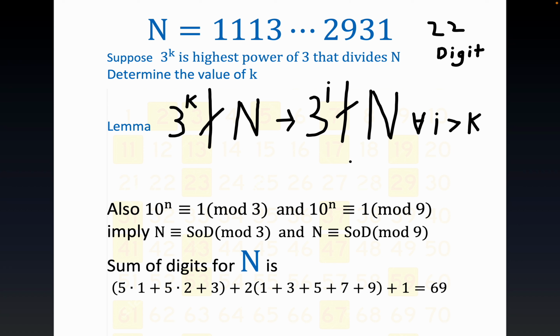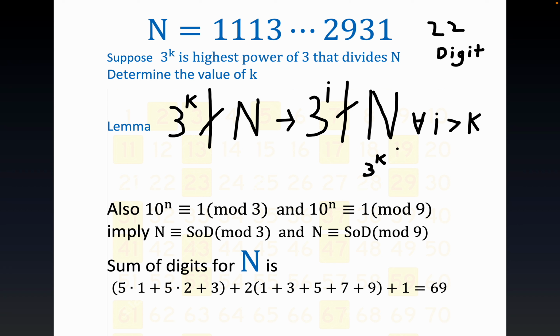It's fairly obvious, but just in case, it really holds basically because, by laws of exponents, 3 to the k will always divide 3 to the i if i is greater than k. And again, we're talking about non-negative integers usually here, I think, or always.